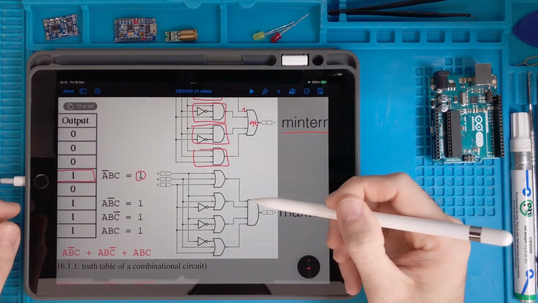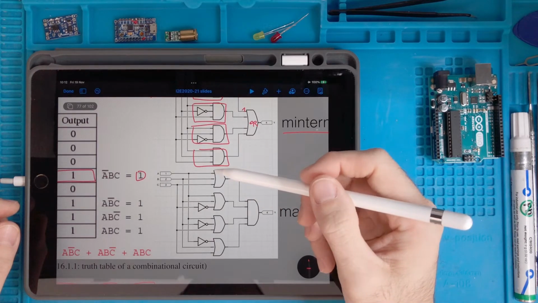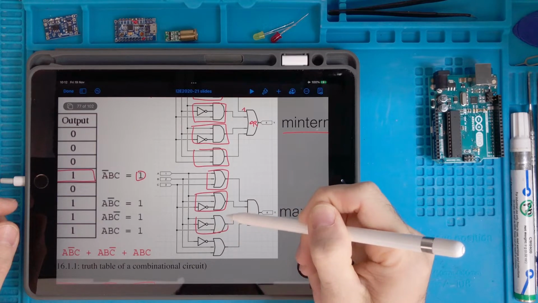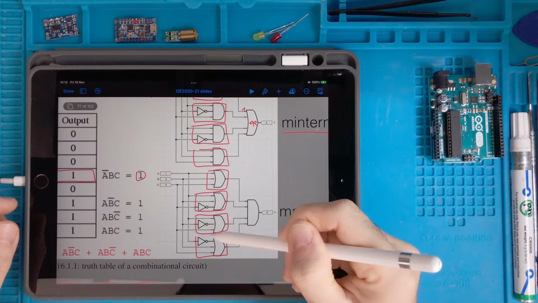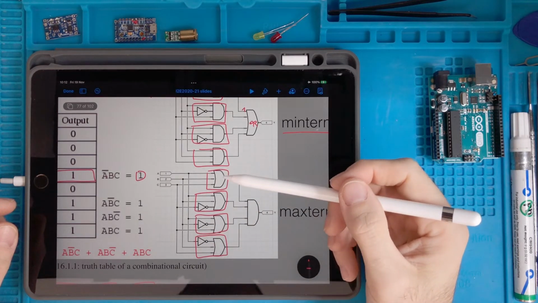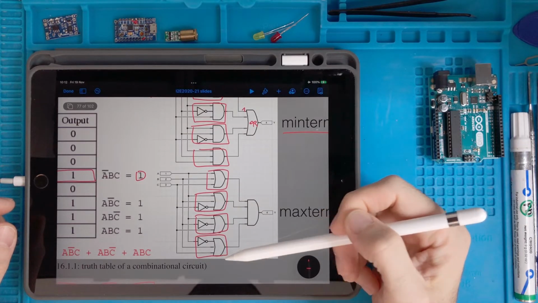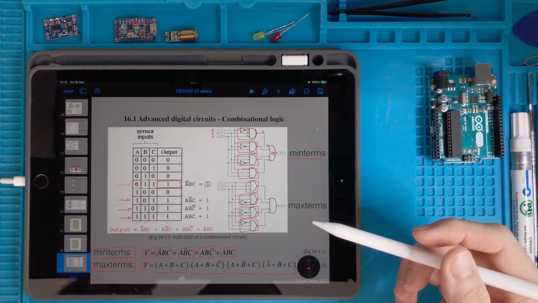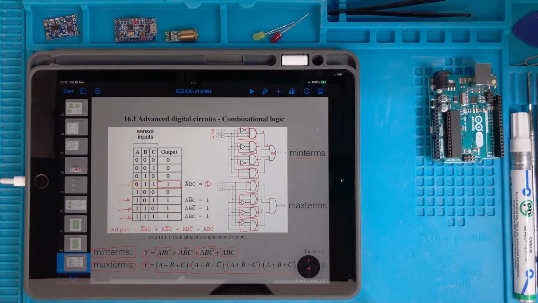We have an AND gate and several, now 4, subunits built on top of the OR gates. So these two circuits will implement the same result, the same truth table. They are complementary somehow.